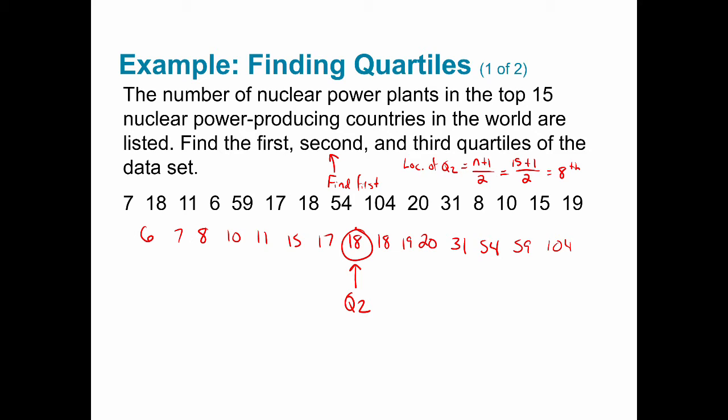So then from there, what that median does, your median is dividing your data set into 2 different halves. So you have the lower half of your data and your upper half of your data. And so from here, what that means, your median is not going to be in either half of your data.